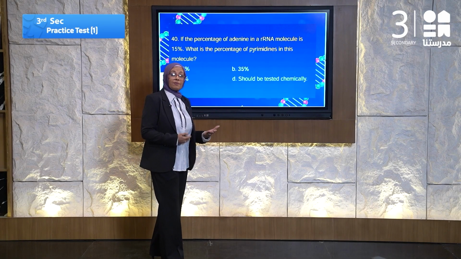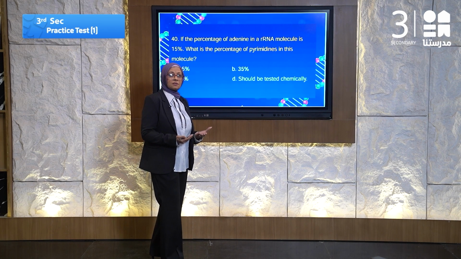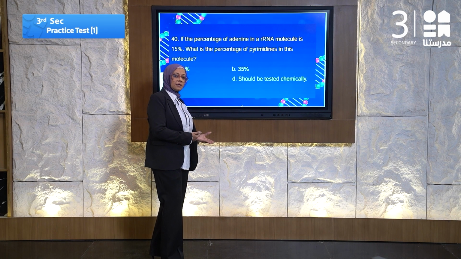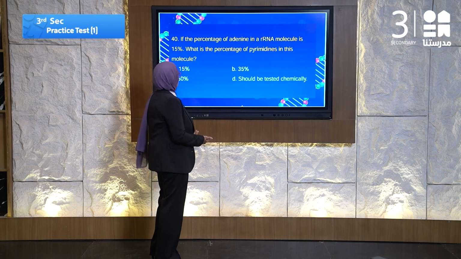For DNA, we have a percentage. How about RNA? DNA has percentages because it's a double helix. Is RNA a double helix? No, it is a single strand.